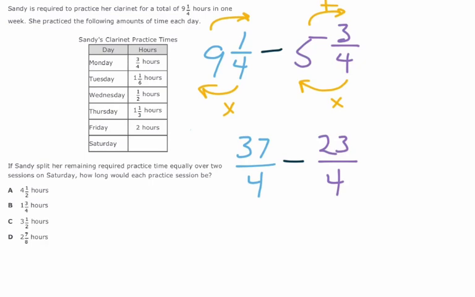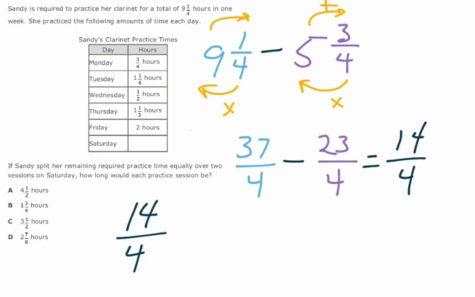We should get 37/4 minus 23/4. When you subtract 23 from 37, you get 14 over 4. And that is an improper fraction, 14 over 4, and so we could turn it into a mixed number.